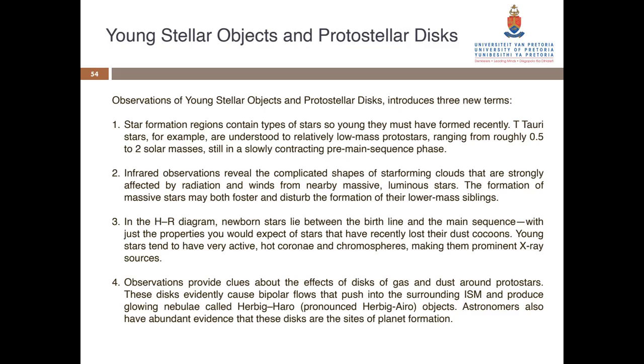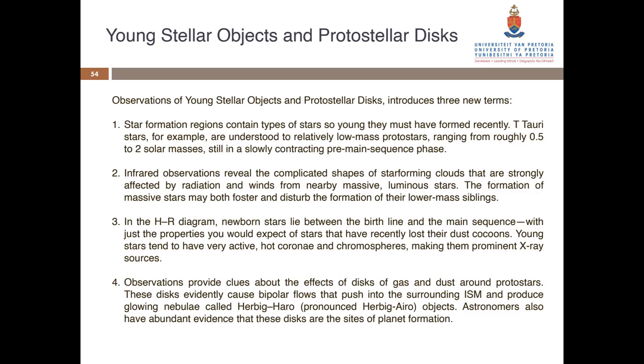Awesome. So in the HR diagram, newborn stars lie between the birth line and the main sequence, with just the properties you would expect of stars that have recently lost their dust cocoons. Young stars tend to have very active hot corona and chromospheres, making them prominent X-ray sources.